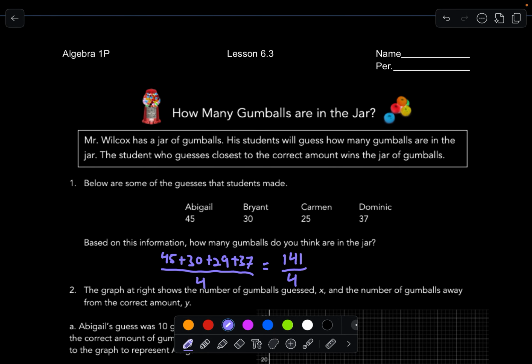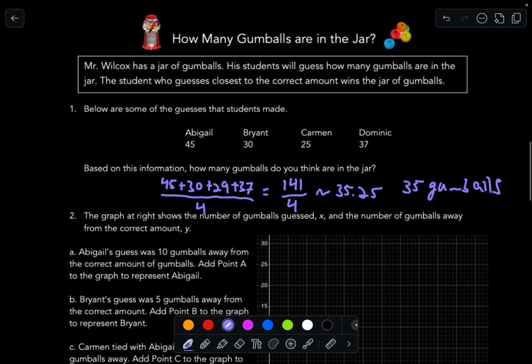That works out to be about 35.25, and since we can't have 0.25 gumballs, I'm going to say there are 35 gumballs in the jar. That's just finding the arithmetic average, is what they refer to it as.